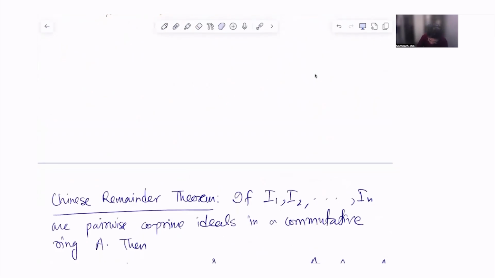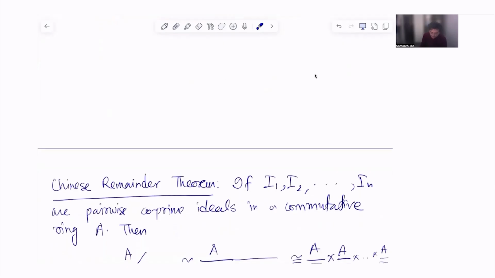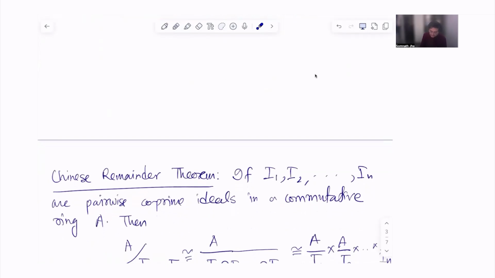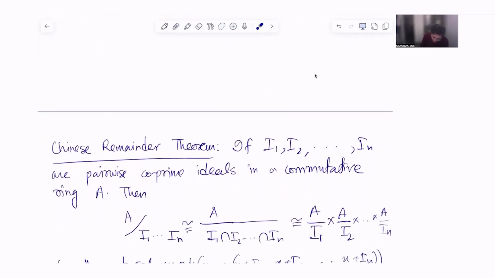If I1, I2, ..., In are pairwise coprime or co-maximal ideals in a commutative ring A (coprime and co-maximal are the same thing, two different words), then A quotiented out by the product of the ideals. You define the product of two ideals, and similarly you can define the product of n ideals.